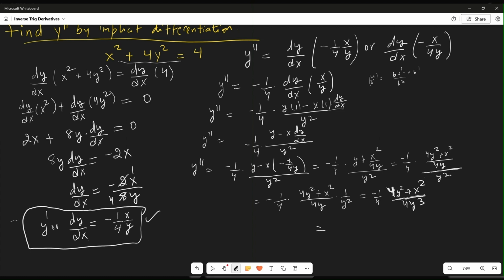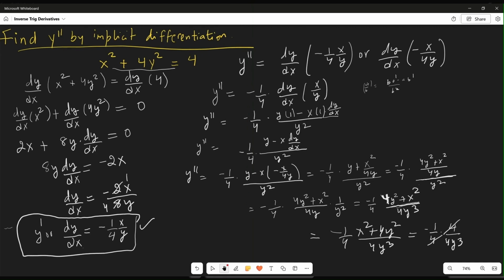When it comes to finding the second derivative, it's important to pay attention to what we are given already, that we can utilize in our equations and answers. If you write this as this, since both are positive, and we have that given, this is equal to negative 4 multiplied by x squared plus 4y squared, which is equal to 4, over 4y cubed. The 4 cancels out, and here is our answer.